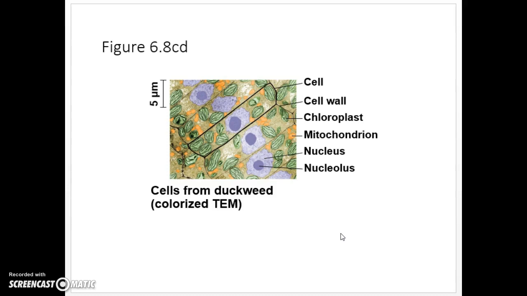In eukaryotic cells, we have a lot of specialization. So that means the cell is going to develop and have the organelles needed to carry out its particular function. So, for example, with this chloroplast assembly that you see here, all those different chloroplasts tell you that this plant cell is going to be in a leaf. You're not going to find this plant cell in the root of the plant because there wouldn't be a need for photosynthesis in the root, only in the leaf structure.